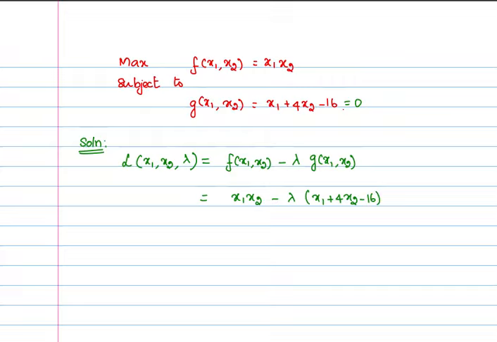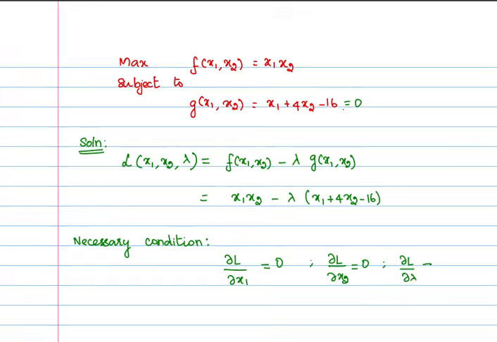So first step, I want to use the necessary condition. What is the necessary condition? The necessary condition is dou L by dou x1 equal to 0, dou L by dou x2 equal to 0, and dou L by dou lambda equal to 0.